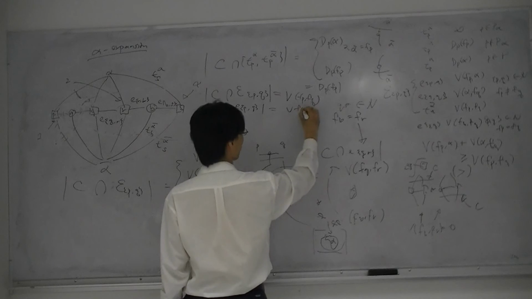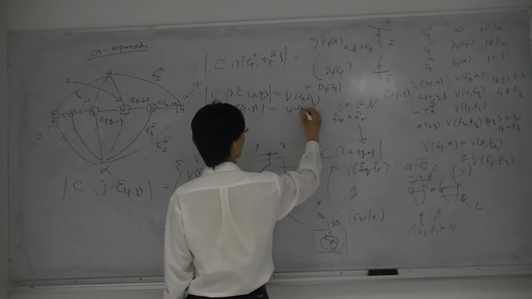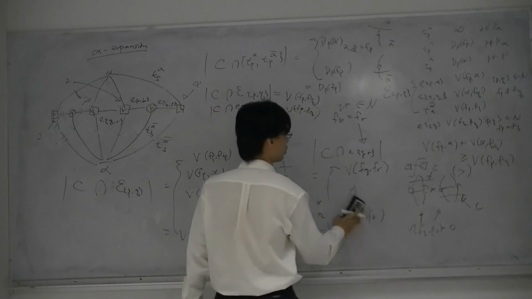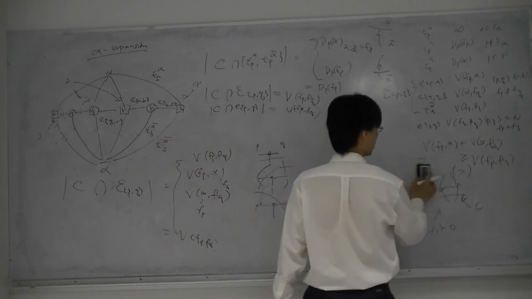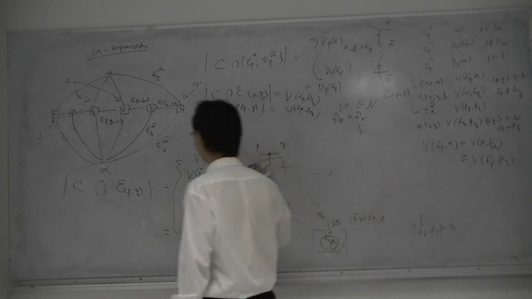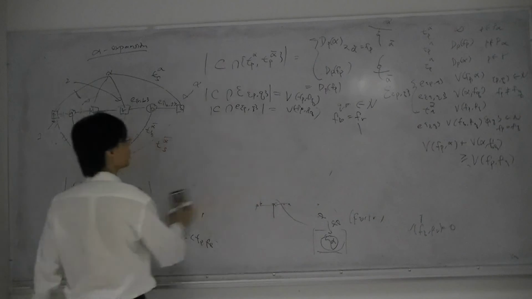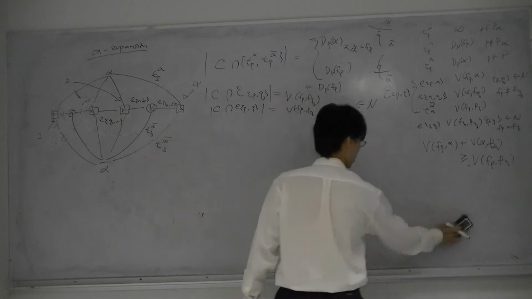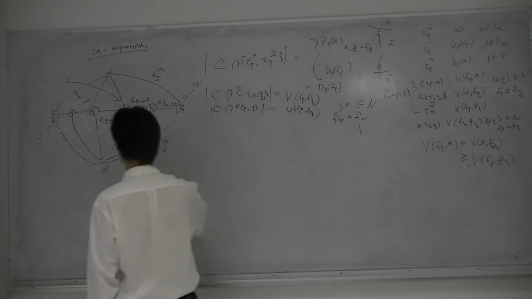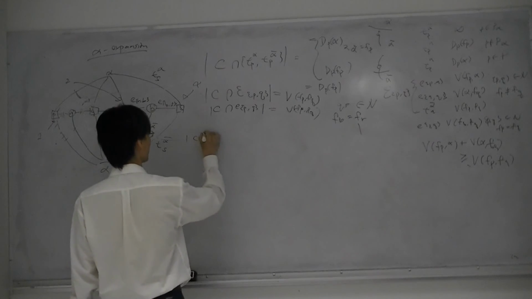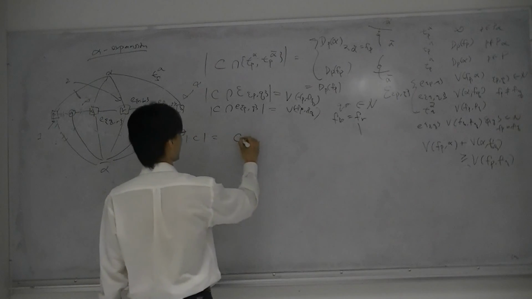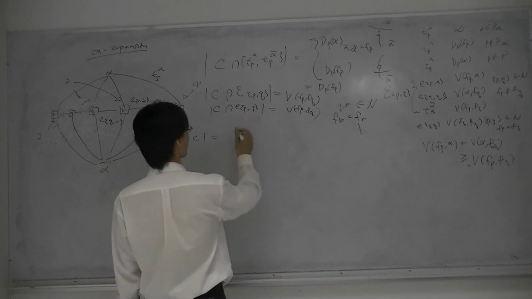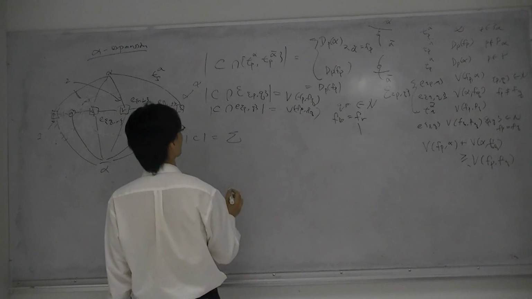V F P F Q. So therefore the C there would be just equal to the sum over all the individual contributions, right?